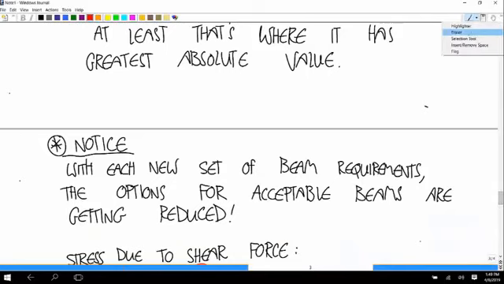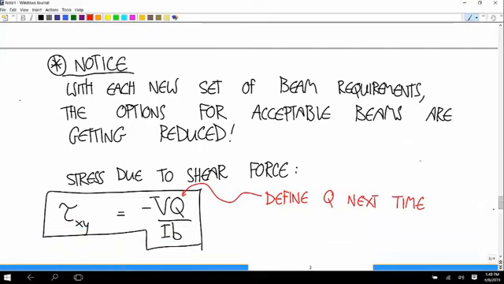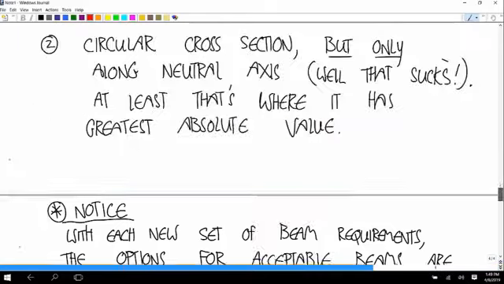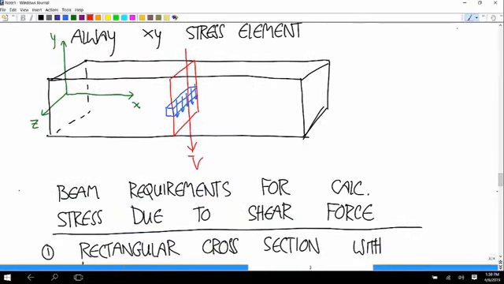And remember with bending moment, I'll say this again next time, by thinking about how you bend a bar like this, you can intuitively figure out that the top of the bar is going to be in compression and the bottom is going to be in tension. You can figure out intuitively why this negative sign is here from this picture, because with our sign convention, this is what we call a positive shear force.